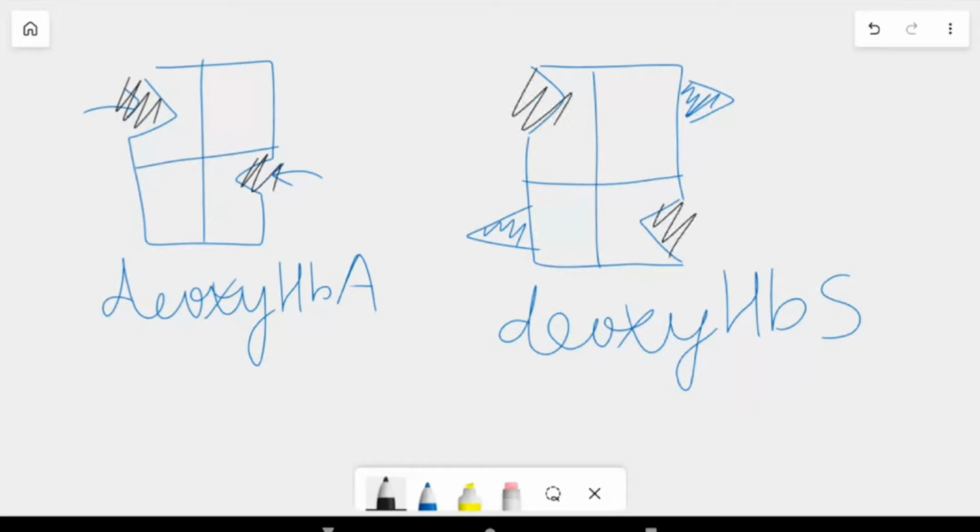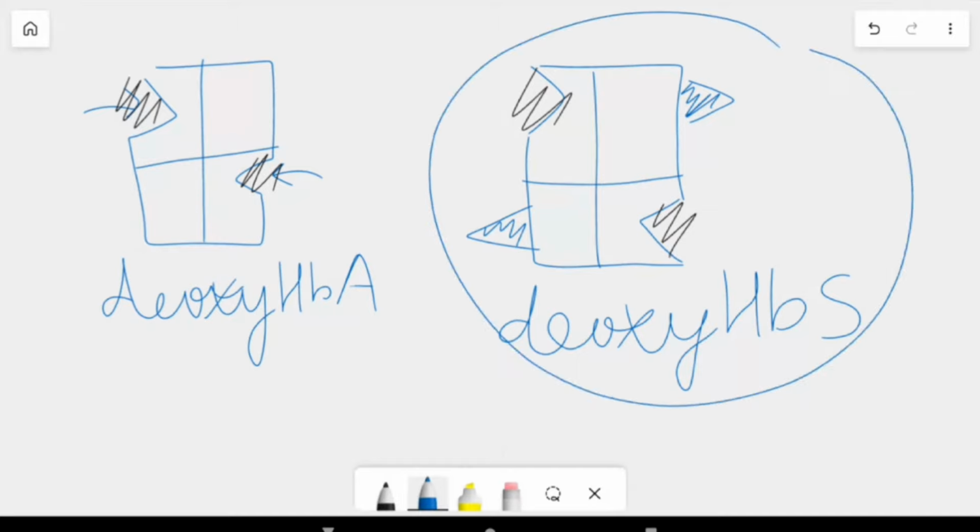So this is going to happen in both a normal person as well as a sickle cell anemic person. But in the deoxyhemoglobin HbS of a sickle cell anemic person, these sites are going to stay open. So what's going to happen is that this sticky patch is present on one hemoglobin.